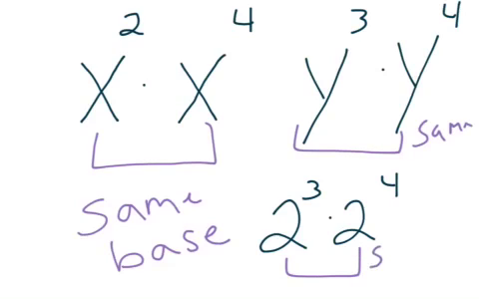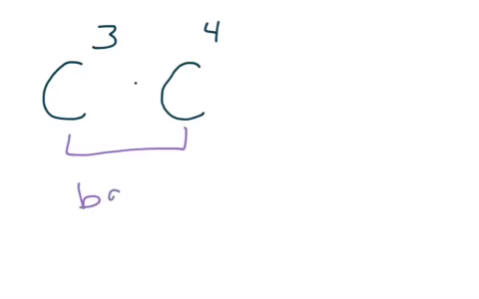So you take exponential expressions with the same base, and then we're going to add the exponents together. So if we were looking at, let's say, c to the third times c to the 4th, they have the same base, and so we are going to add the exponents. So this would be c to the 7th.